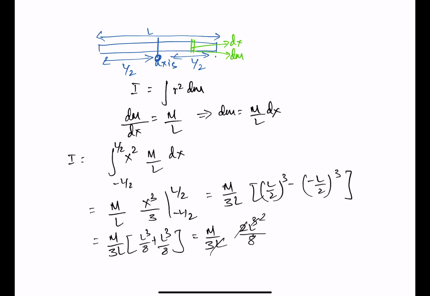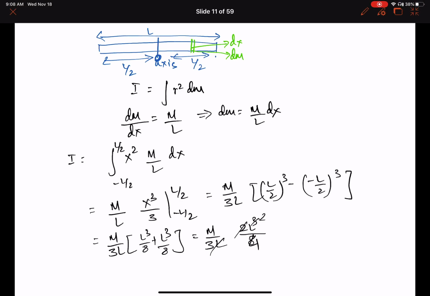So 8 over 8, sorry, that should have been 4. Oh, wait a minute, what did I do here?